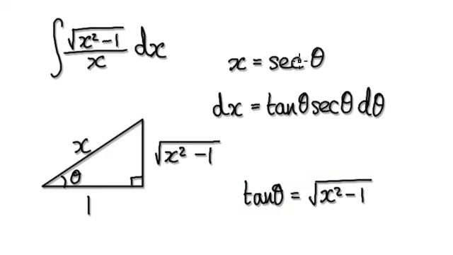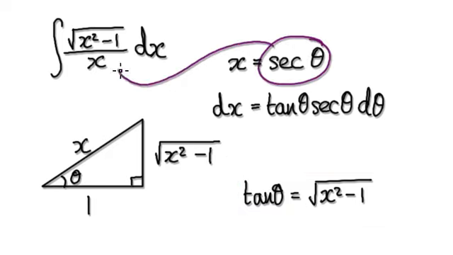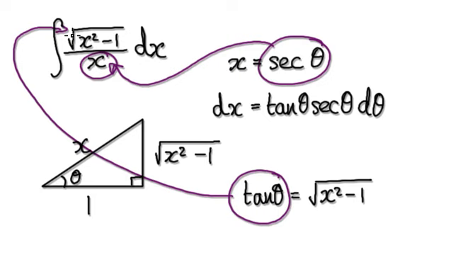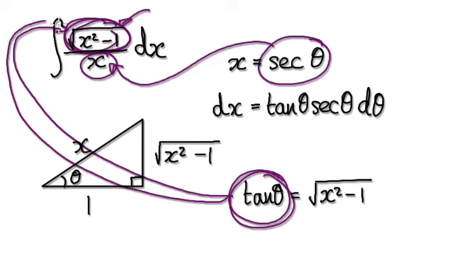So now it's just a matter of putting this into the x, and then putting tan theta into that complicated thing here, because our whole aim right from the start was to replace this complicated thing. So now we can replace that complicated thing by using tan theta.